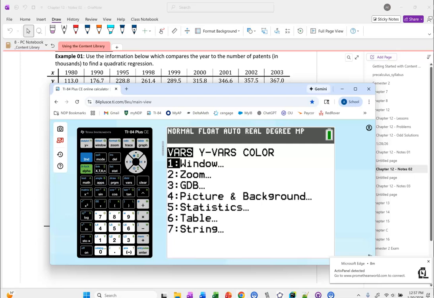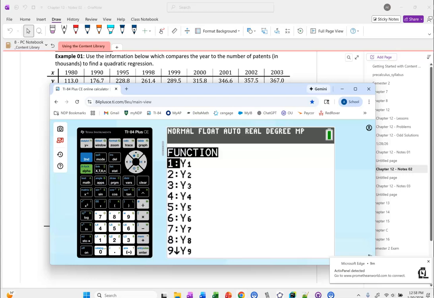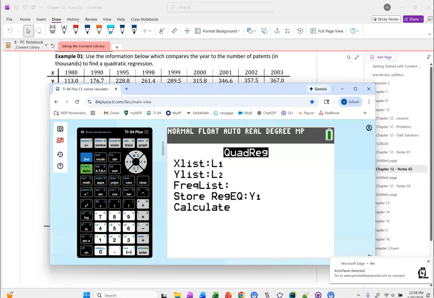And since I'm looking for y1, I want the y variables tab. My calculator's mode is in function. And there's the y1. Now that I have that there, I'm going to go ahead and press calculate.